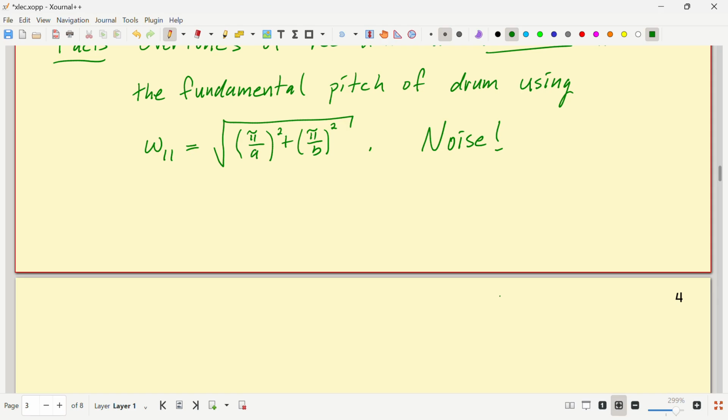Another interesting thing to think about is, let's say you know the area of the rectangular drum.